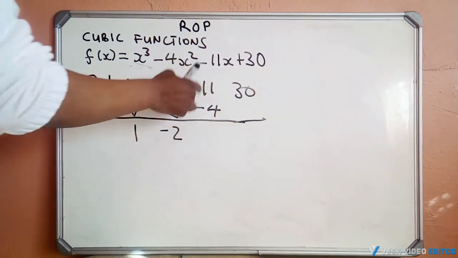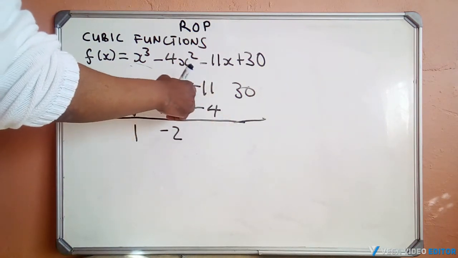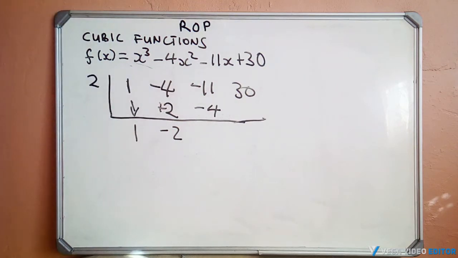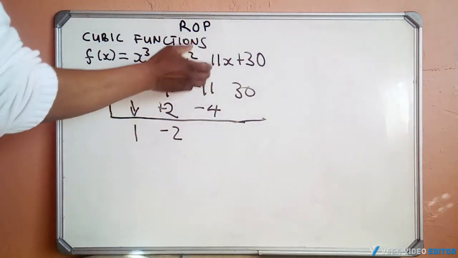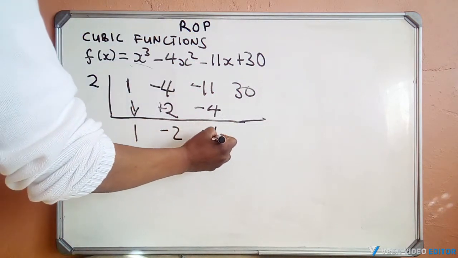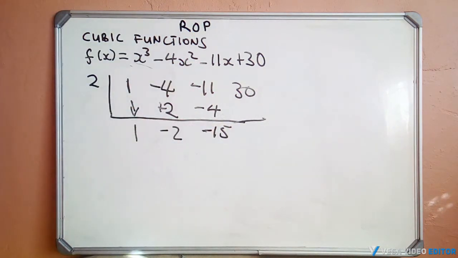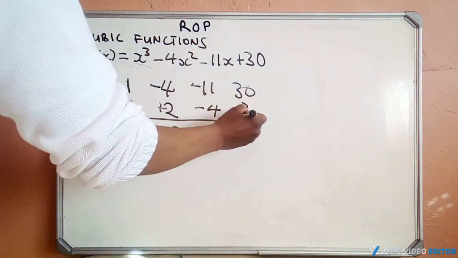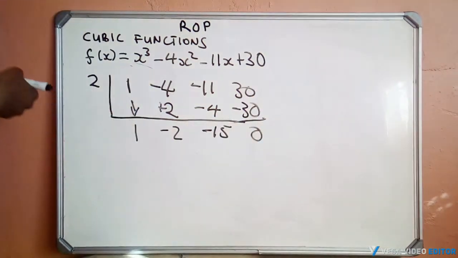Then add again here. Minus 11 plus minus 4 is the same as minus 11 minus 4. This will give you minus 15. And then 2 times negative 15 will give you negative 30, which gives you 0 there. So which means our 2 works.